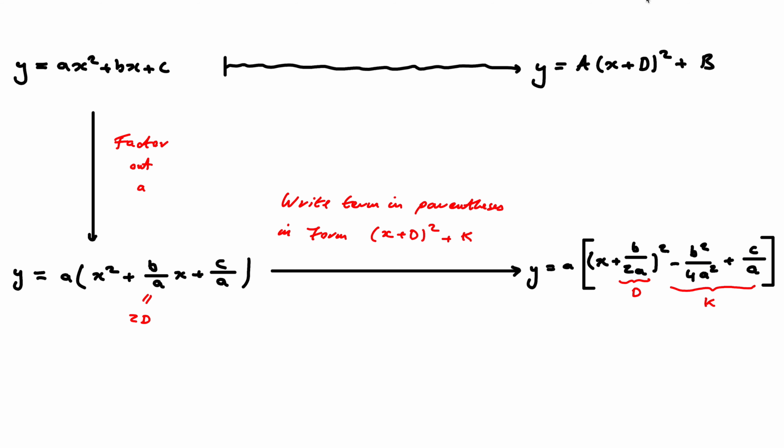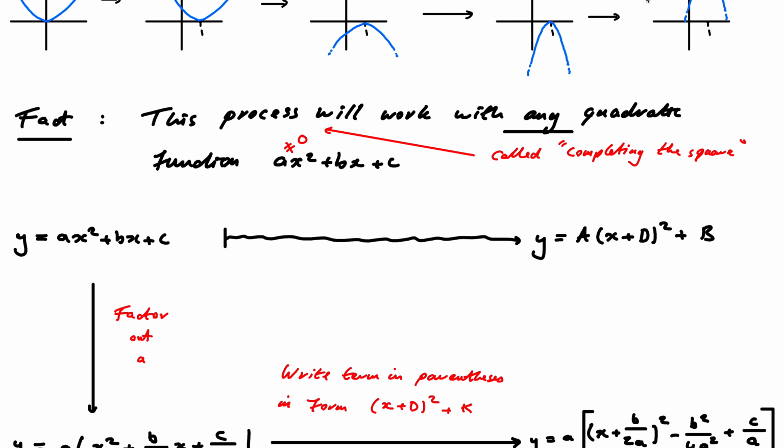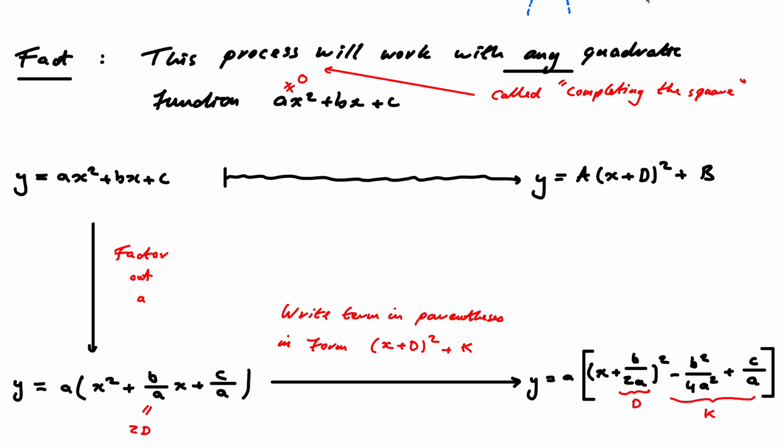That's the format we're trying to put it in. That's the format we saw a moment ago up here. It seemed to be very useful to us. And we've really done that at this point.